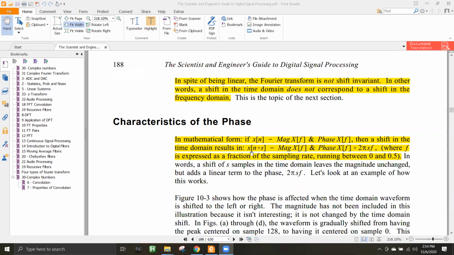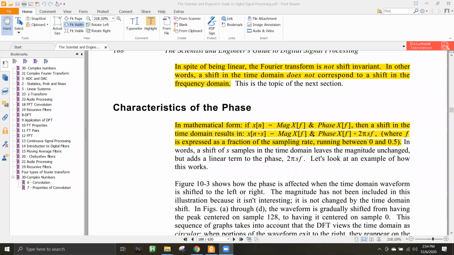If you perform a shift in the time domain, both the real and imaginary parts would change, and that would be unpredictable. It's not directly following a formula for now. We'll be coming to that later on, but know that it is easier to do it in the polar form. In the polar form, only the phase would change. The magnitude would not change. So it is easier to work with shifting in the polar form.